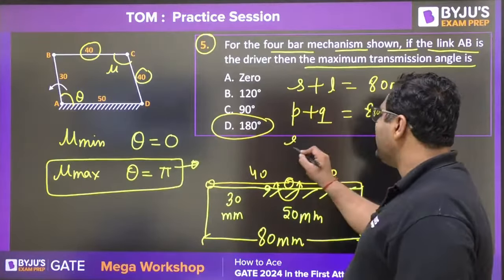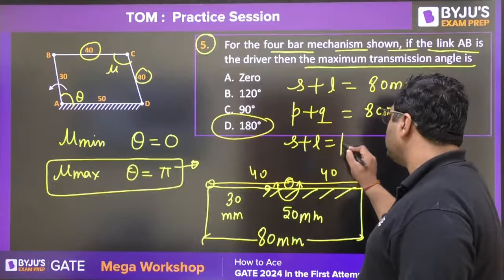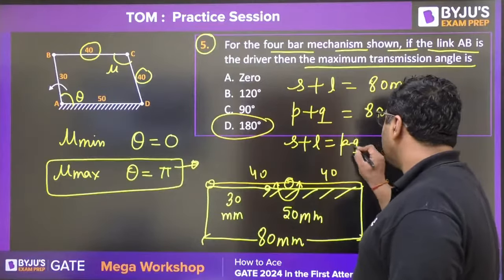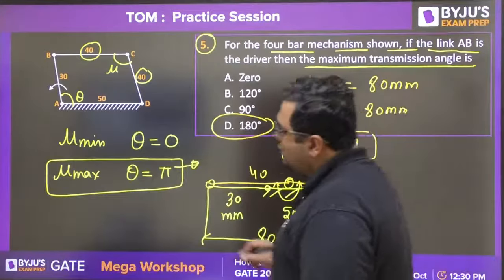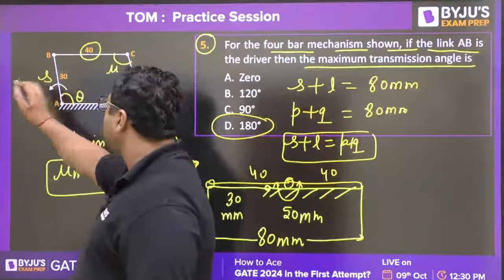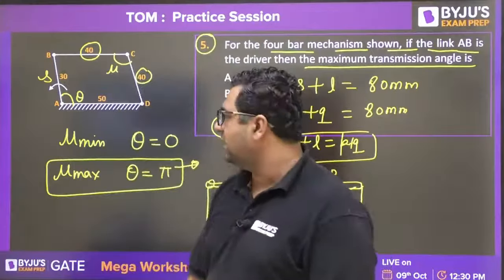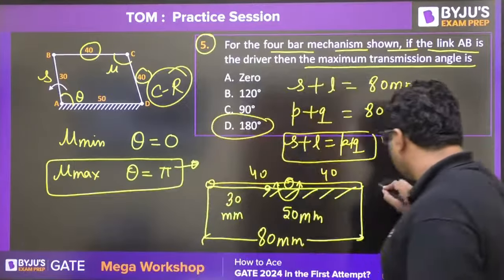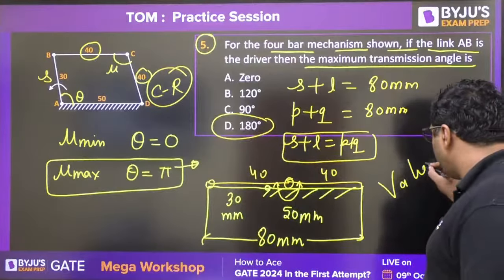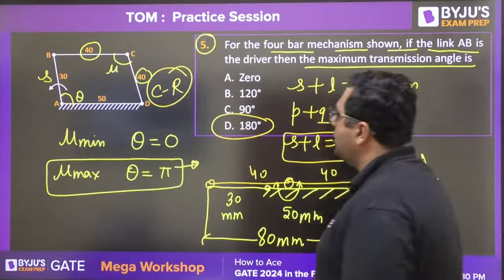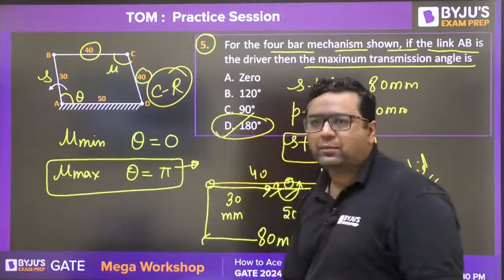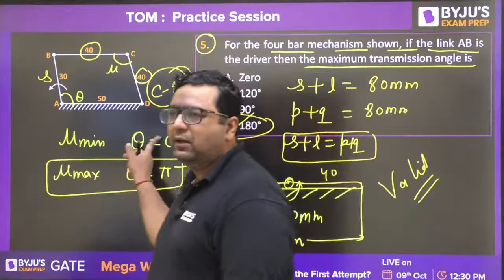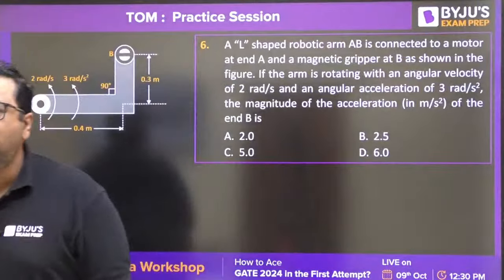So you can see S plus L is equal to P plus Q. Grashof law is applicable, and you can see the shortest link is adjacent to the fixed link, so it is a crank rocker mechanism. So all this discussion is valid. The answer, no doubt about that, is 180 degree. Yes, Mechanical Warrior, good morning dear.